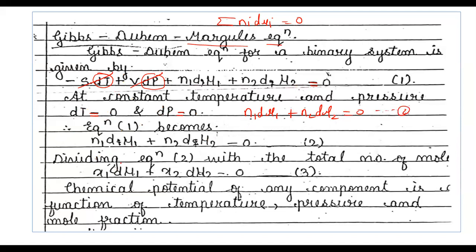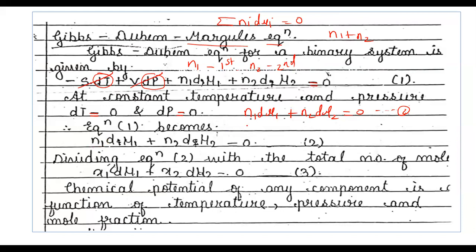Now divide this equation by the total number of moles. We consider two components. Suppose N1 is the number of moles of the first component and N2 is the number of moles of the second component, then the total number of moles is N1 plus N2.